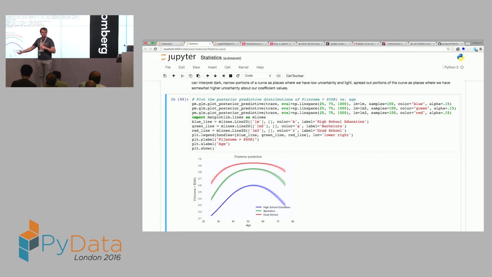And the variables here are high school education, bachelor's education, and grad school. This also goes in accordance with our intuition. You would expect people who went to grad school to have a greater chance of earning a higher salary than those who don't. But you can see also these kind of tipping points that you get with a lot of these phenomena.